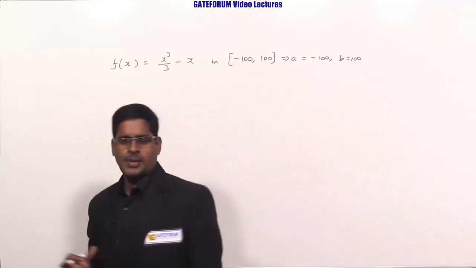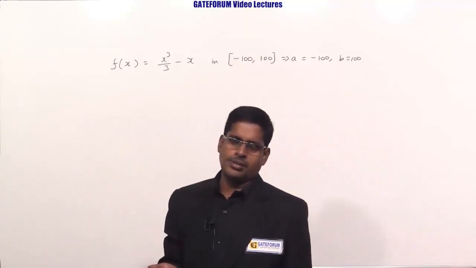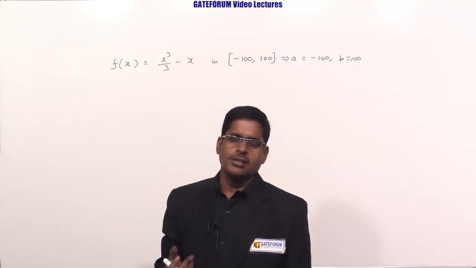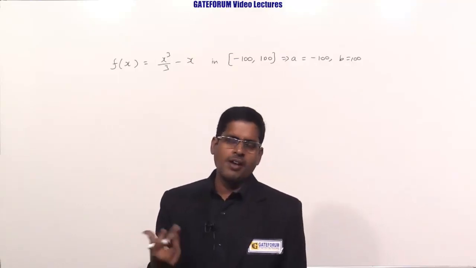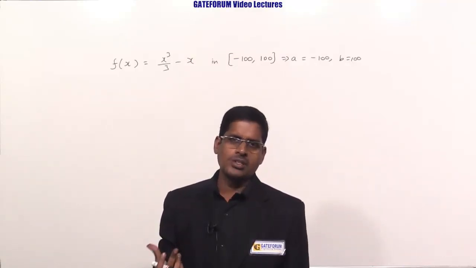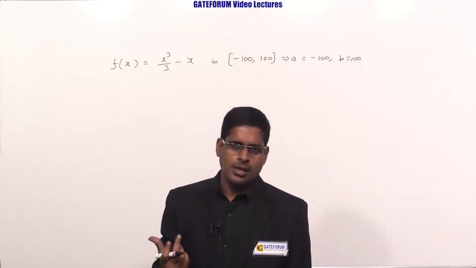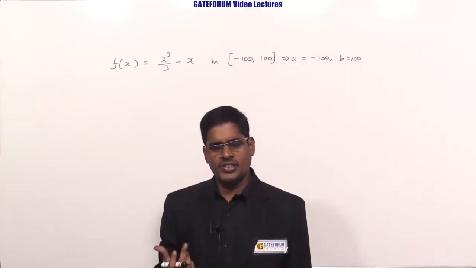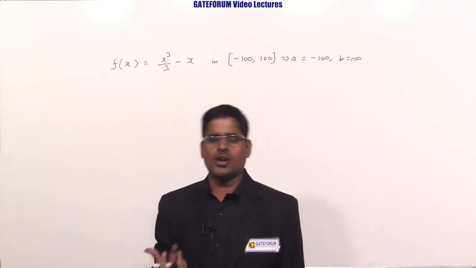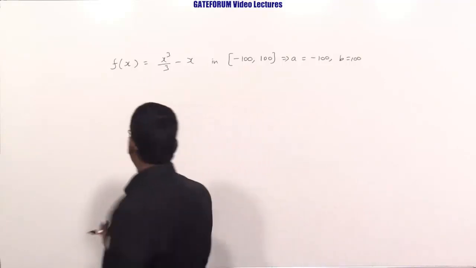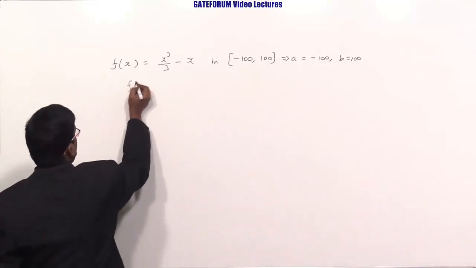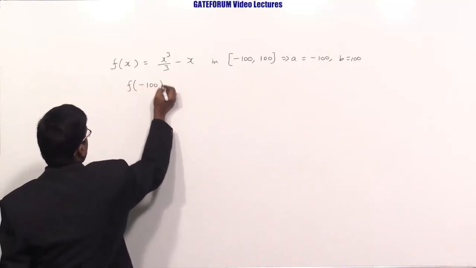So find first the local maxima minima, then the maximum in the closed interval is nothing but the maximum of all local maximum values, comma f of a, f of b. Minimum of a given function in the closed interval is nothing but the minimum of all local minimum values, comma f of a, comma f of b. So first find f of minus 100.